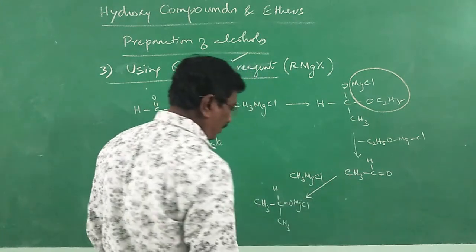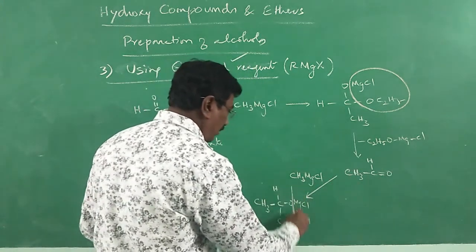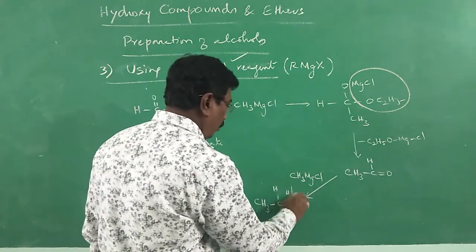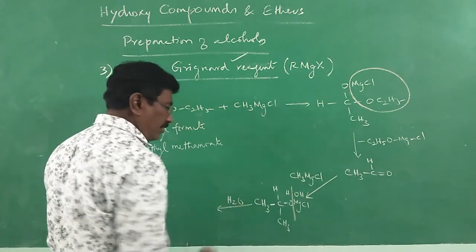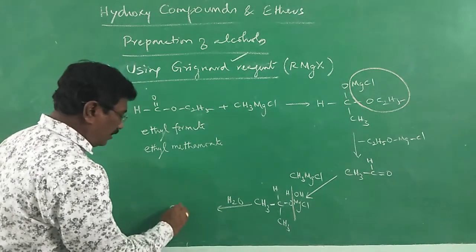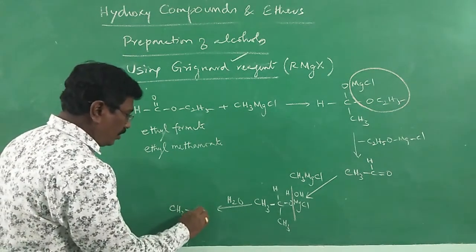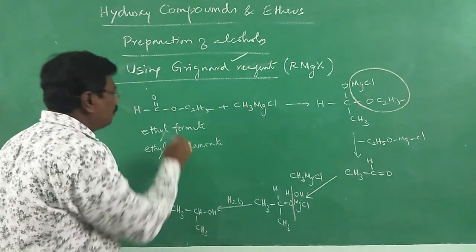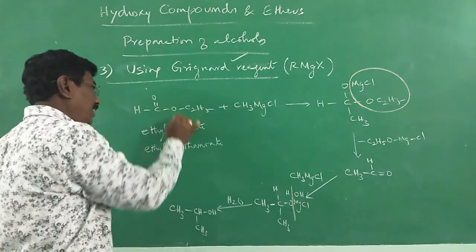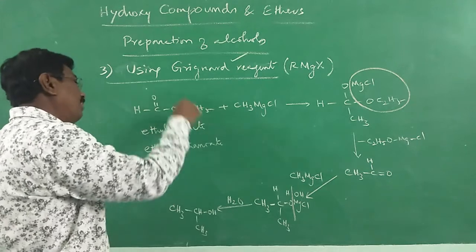Next step, hydrolysis: here H, here OH. So acid hydrolysis gives CH3, CH, OH, CH3.